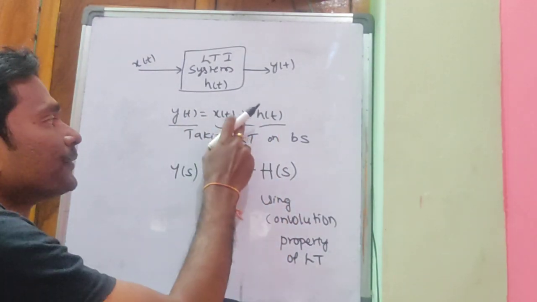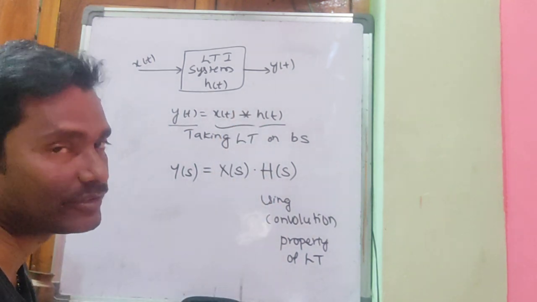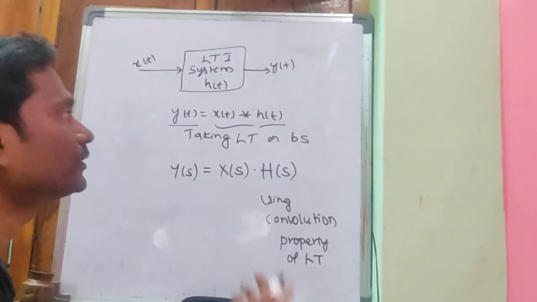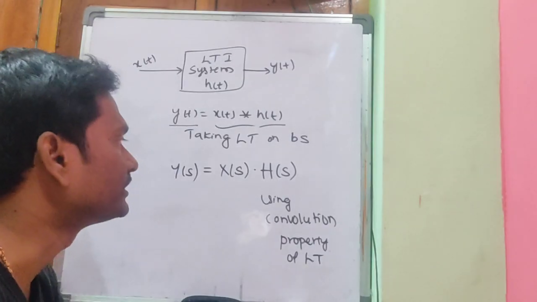Remember students, this convolution becomes multiplication in the Laplace domain as well. If you take the Fourier transform or the Laplace transform, the convolution becomes multiplication in the frequency domain.